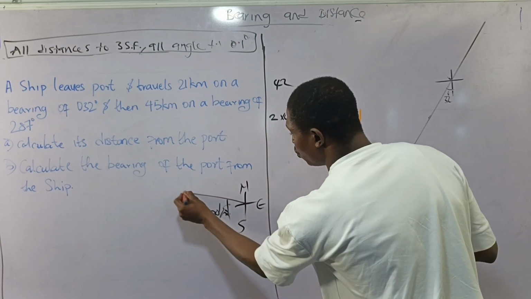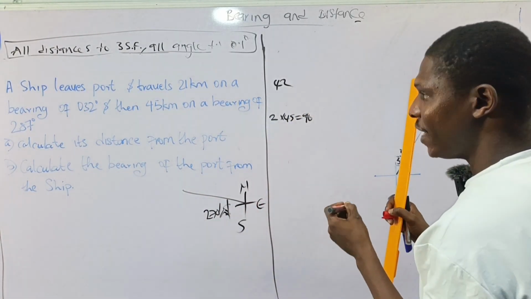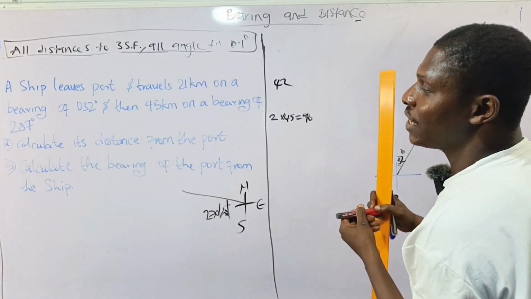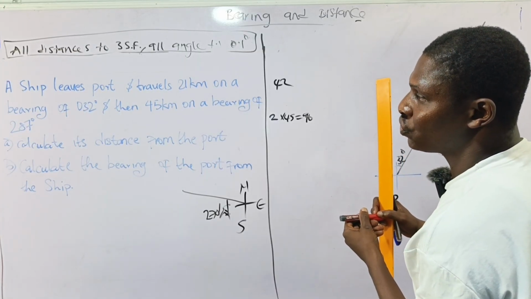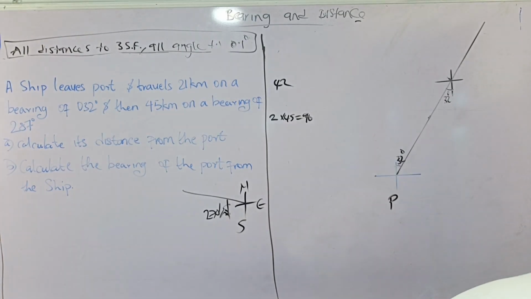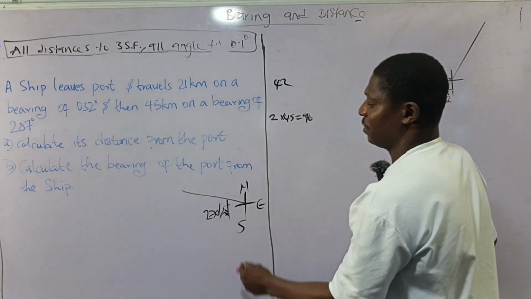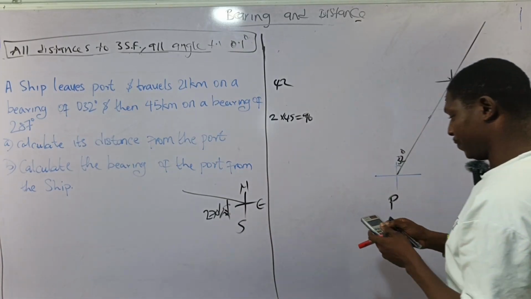So 287 should be in between northwest. So if I say 287 minus 270, I'll have the angle made with my west.